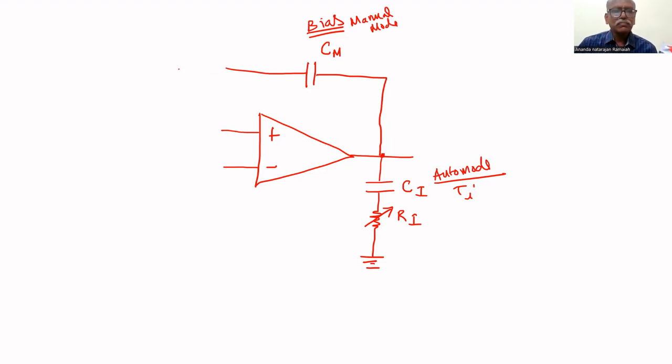Now, we are going to have a 4-pole two-way switch.